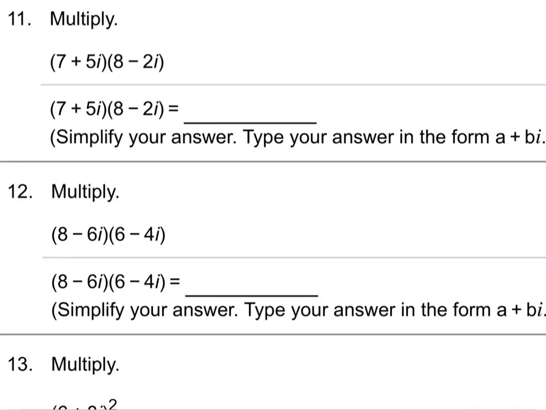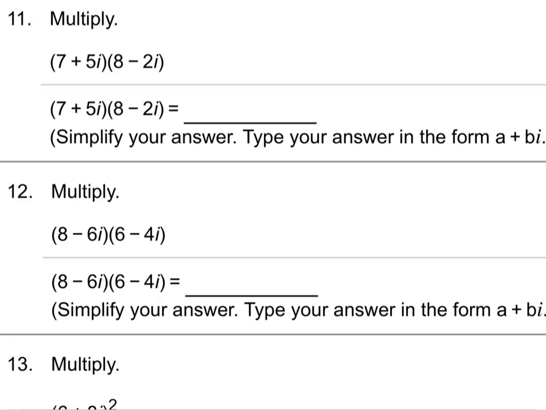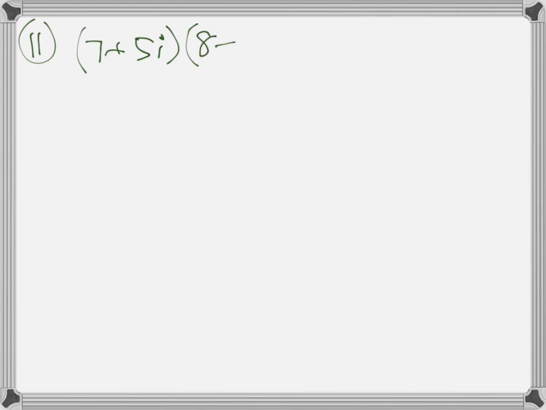Okay, can you FOIL that out? Let me give you a little more room here. 7 plus 5i, 8 minus 2i. Okay, so try that one. Do the normal FOIL, but if you get i squared, replace i squared with negative 1.